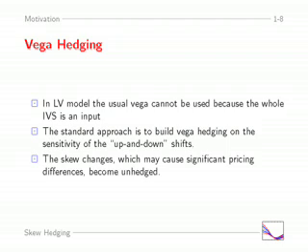And in the Black-Scholes world, you have one volatility parameter, but in these local volatility models, the volatility is the whole surface. So the standard approach is that you move your implied volatility surface up and down, and based on this, you calculate the so-called up and down Vega.